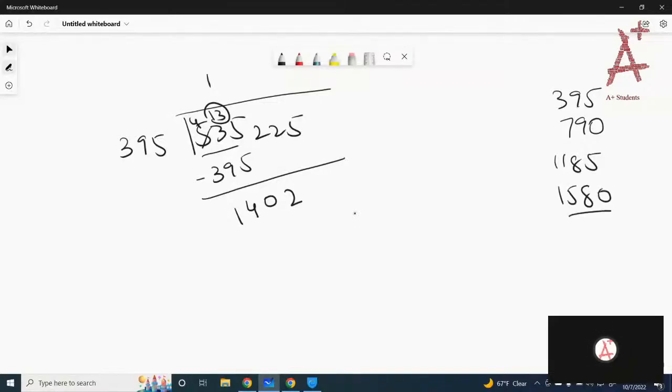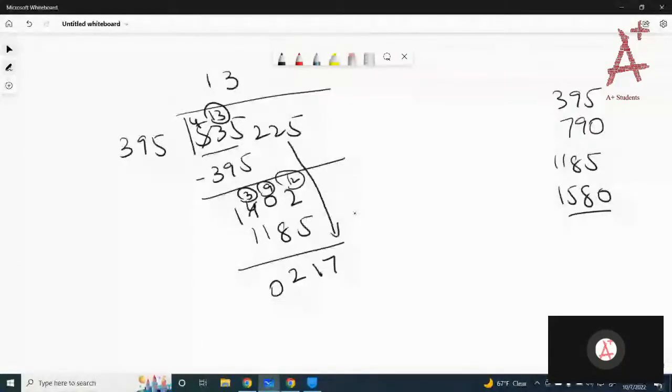So 1580 is greater than 1402, so we can go for 395 times 3 is 1185. Got it? So just subtract them. We cannot subtract 2 out of 3. We have to borrow 1 from here. It is 9 because we borrow 1 here. So 12 subtract 5 is 7. 9 subtract 8 is 1. 3 subtract 1 is 2, and here you have 0. Now bring the next digit down. Again, next is 2, so bring the next down.